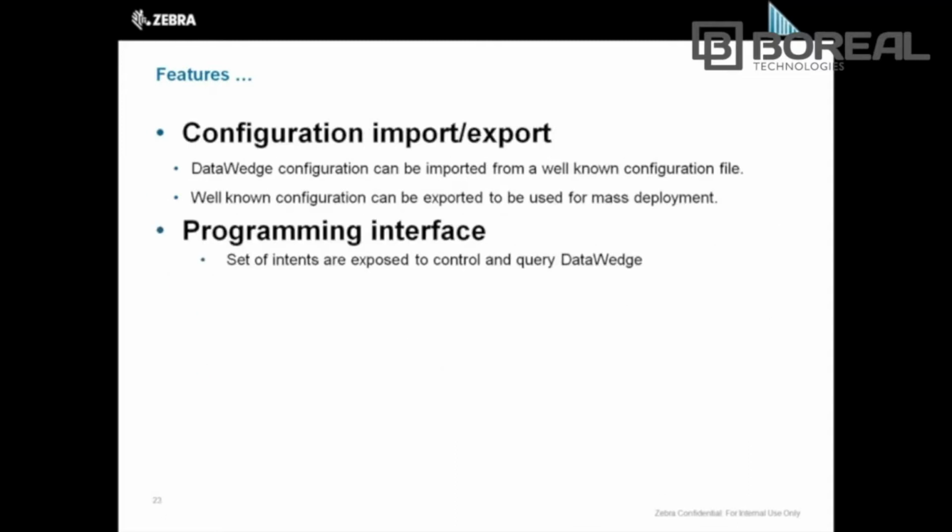The configuration import and export is very useful when it comes to mass deployment. You can have your golden device configured, and you can simply export the configuration and extract it and simply push it across thousands of devices instantly.